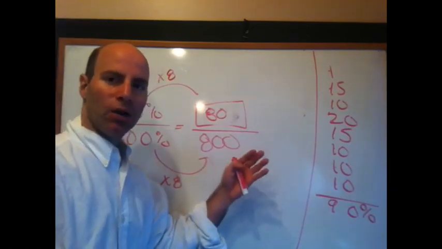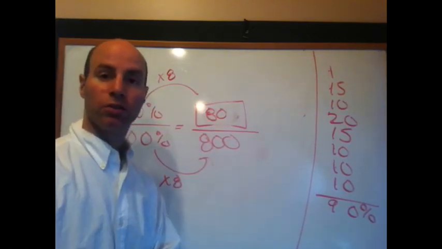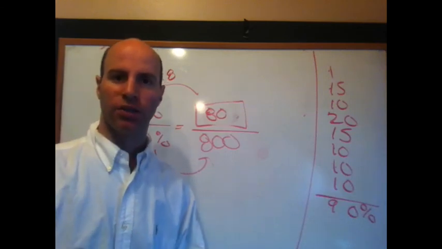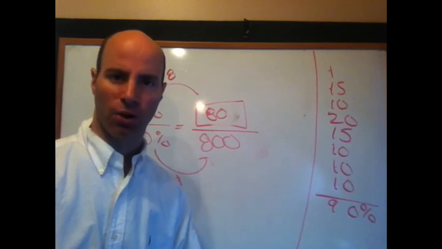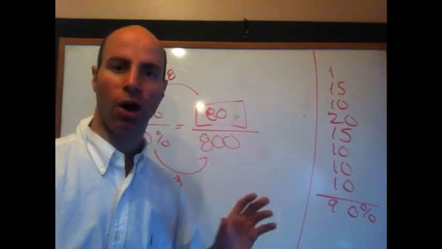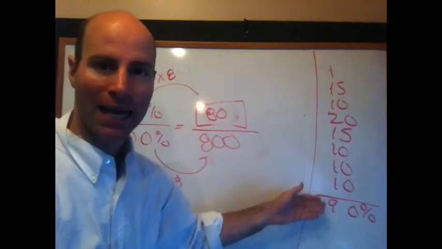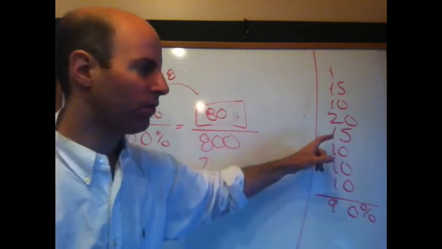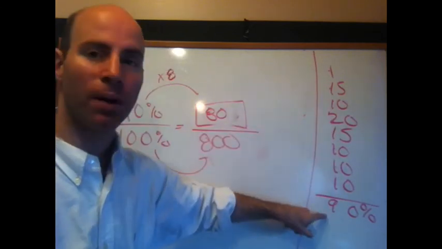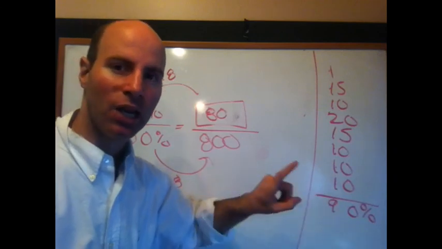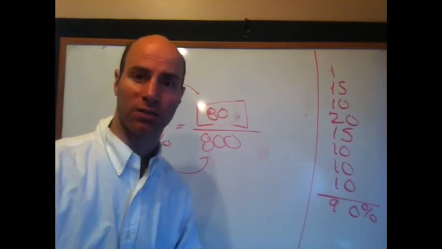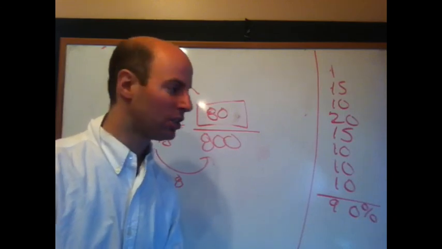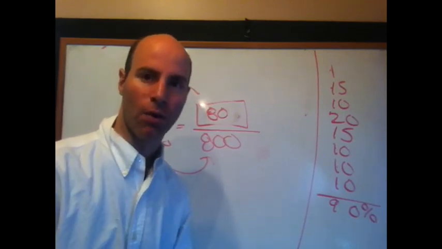A lot of times I know they give the students work, and the students' work is only partially correct. You've got to look through it very carefully. Whenever you think about part to whole, you have to make sure that all your parts add up to 100%. And here we found out that the parts, when we added them up, only added up to 90%. Which means, if these are the percents, think of percents as parts. 10% is 10 out of 100 parts of the whole.